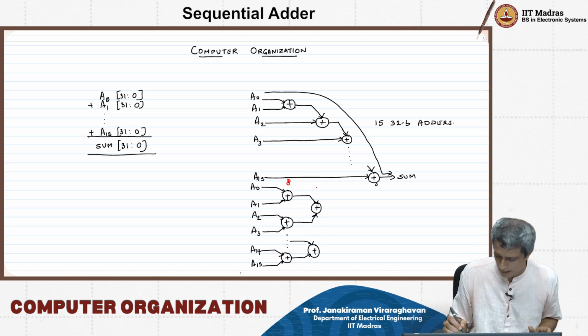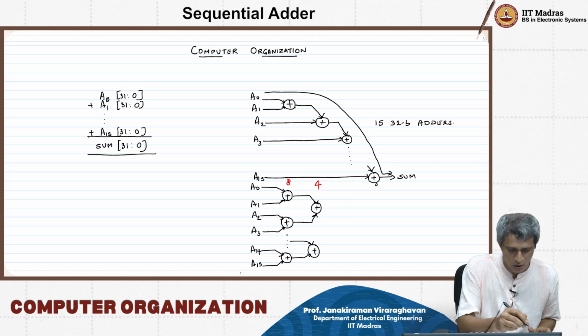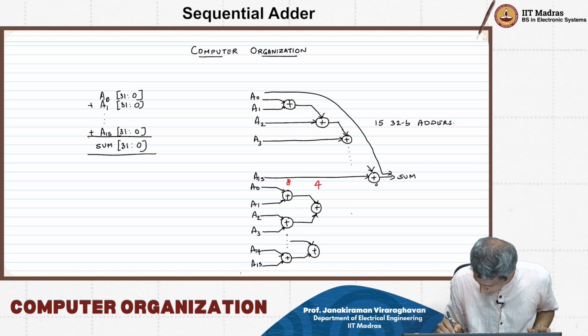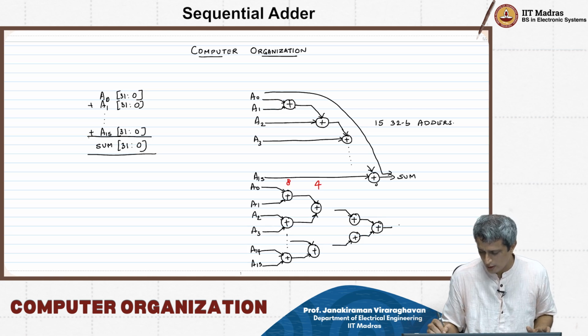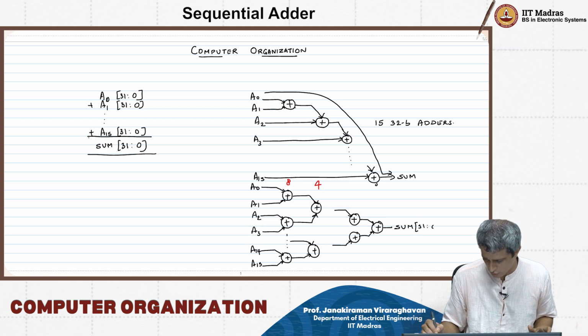So here you are going to have another 4 adders, then another 2 adders sitting like this, and finally 1 adder like this. Okay, and then you're going to get the sum here, which is also 31 down to 0.